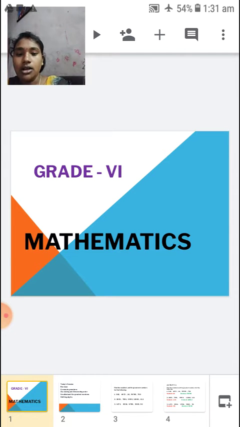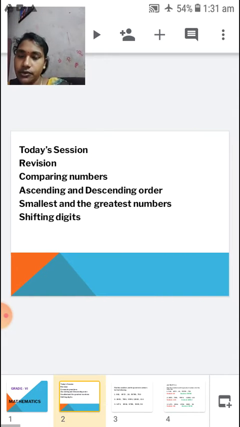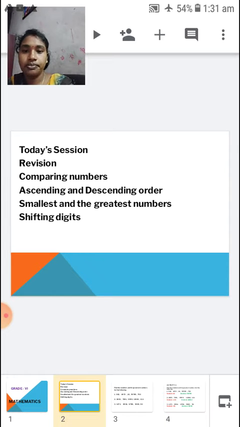Okay, children, now we are going into the session, and in today's session we are just going to revise these topics mainly. That is, we are going to revise comparing numbers, ascending and descending order, smallest and the greatest digit numbers, and shifting digits.